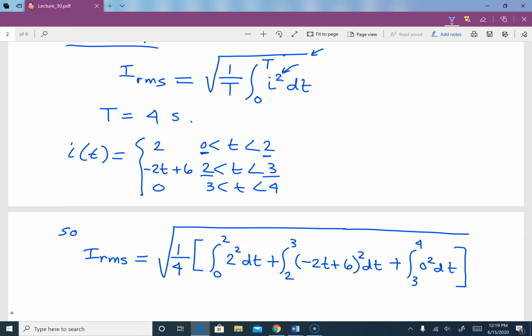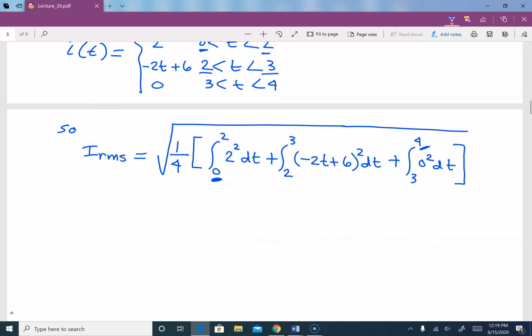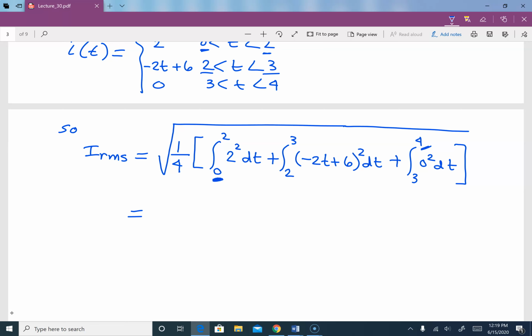So if you look over here, we started at 0 and we ended with 4. That is a whole period. So now that is equal to square root of 1 over 4. Now our 2 squared, that is 4, right?